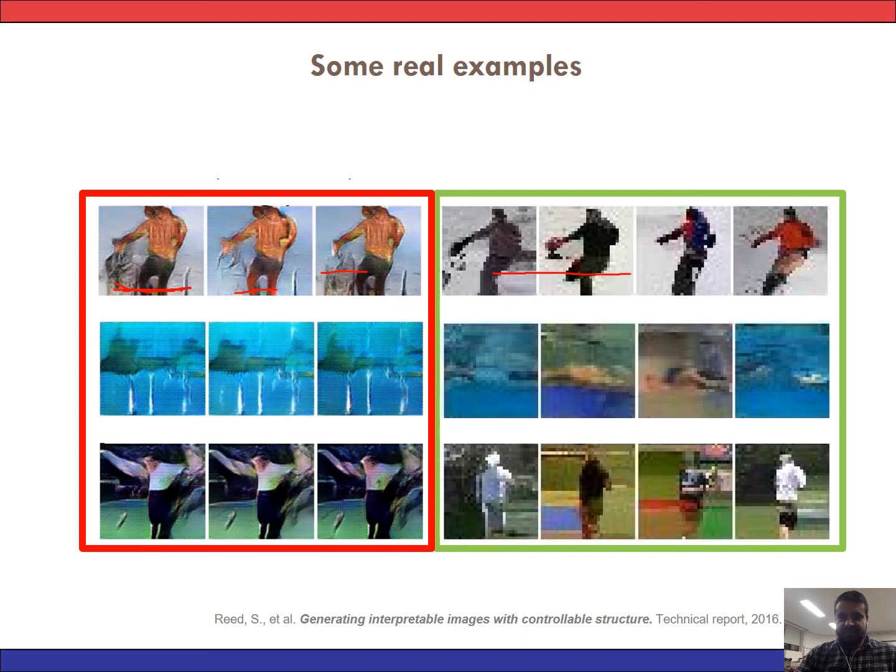So this is actually the mode collapse problem. Even though we are changing the z value, even though we are changing the latent space, the generator is not able to generate different images, because it's stuck on specific modes or specific images.